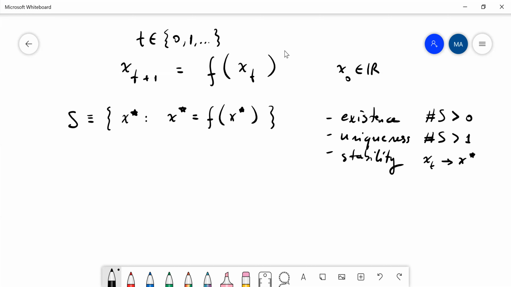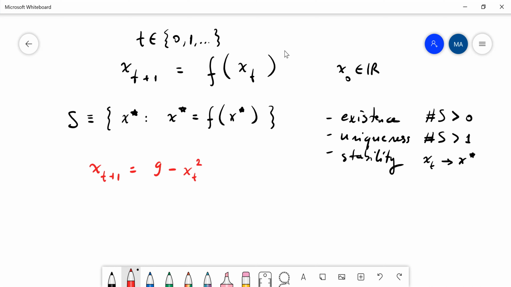You can write a very simple example. Let me use a different color here. For instance, this one, right? This is now a dynamical system for just one variable. It's just a single difference equation, right? So is there a steady state?